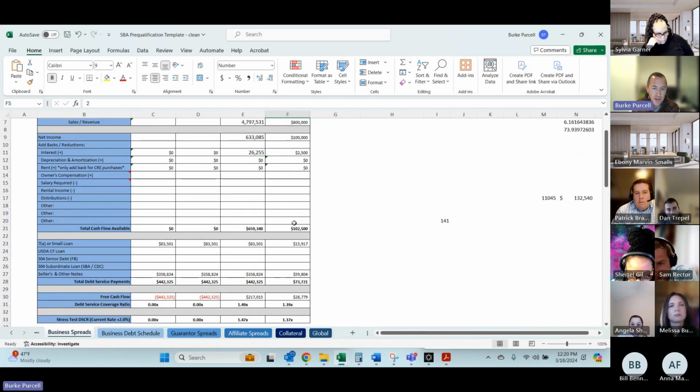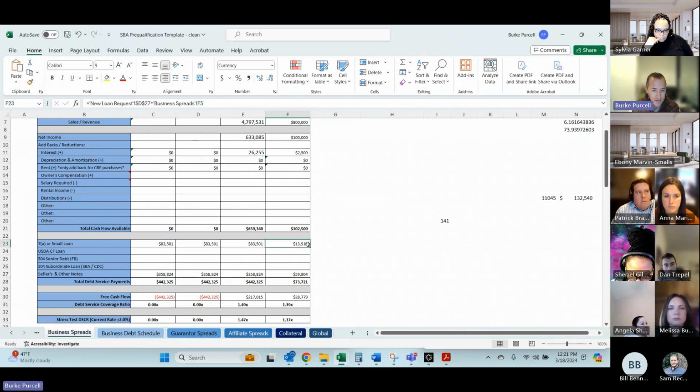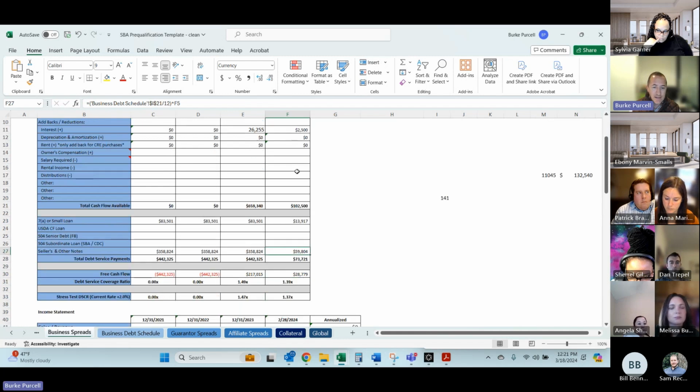The spreadsheet is going to look at that on an annualized basis. It's also going to look at the 7A loan and the debt of the business just on that period. So you see here, my DSCR is starting to go down for the business.